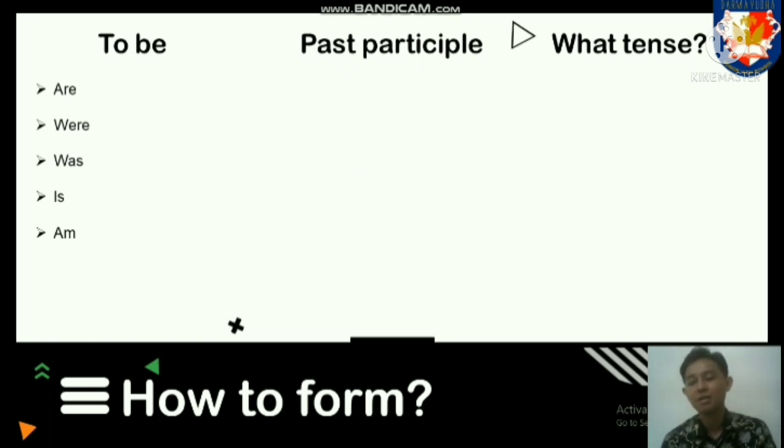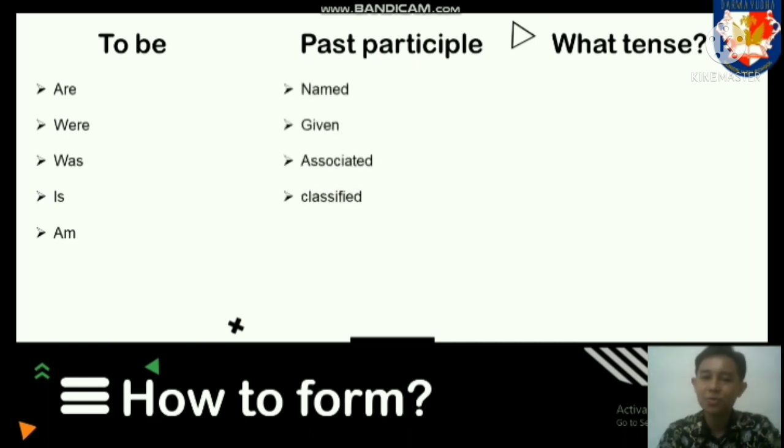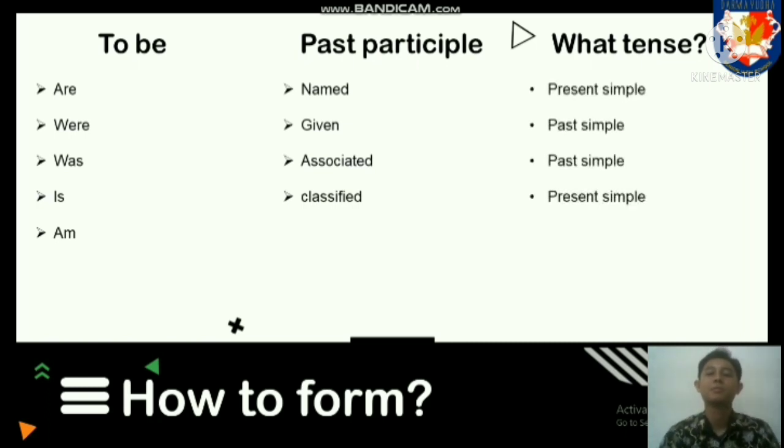We have to use to be to form passive verbs, where was, is, am, okay, and then we have to use the past participle, or what you can call verb 3, like named, given, associated, and classified. And the next one, we are going to decide what kind of tense they are. So here are the answers.